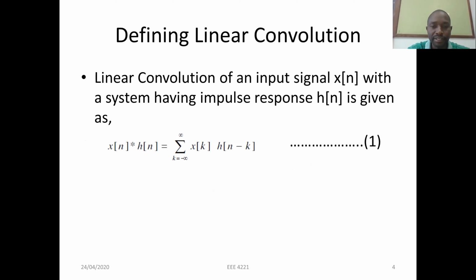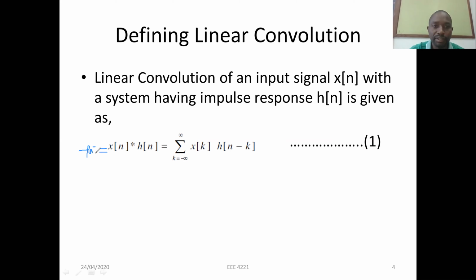So if you look at equation 1 here, you will notice that you have the output y of n equal to the convolution product of x of n and h of n. So the two signals interact and produce an output y of n.